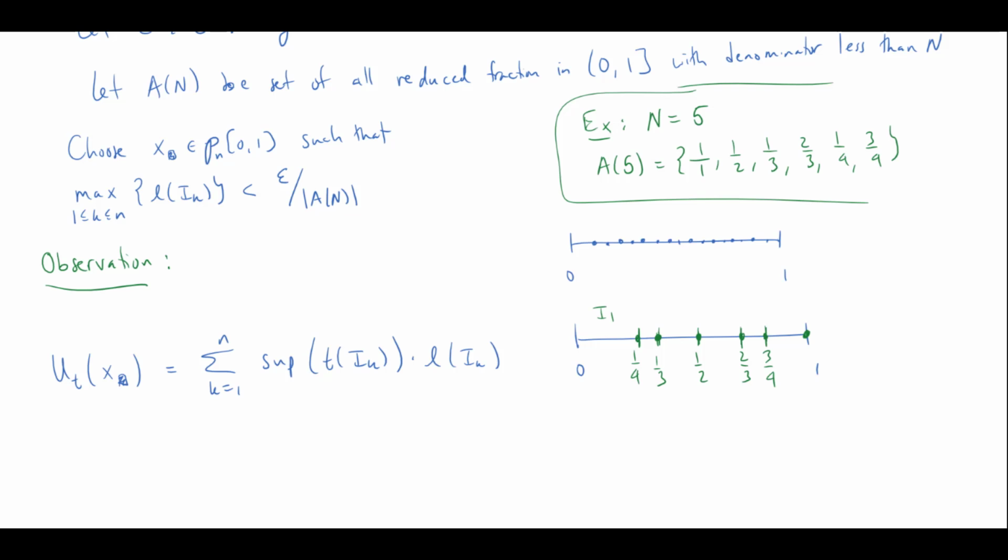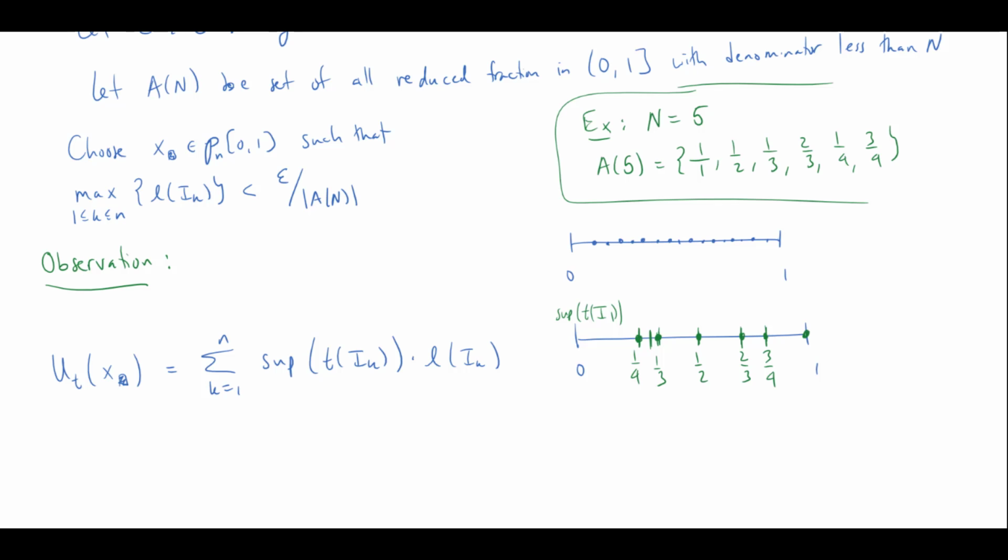When I look at the supremum of t on I1, 1/4 is going to be the rational number with the smallest denominator and hence the highest value. And so the supremum of t on this first interval is going to be 1/4. And if I move over into the next interval, and even if I cut it off to get rid of this 1/3, that 1/4 is still there. It shows up in both intervals because it's on the boundary. So that feels bad.